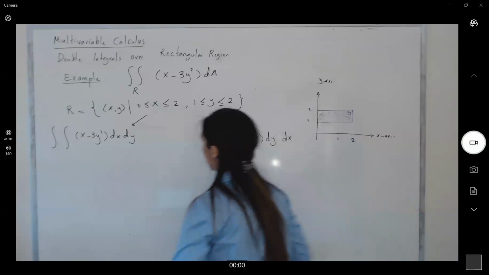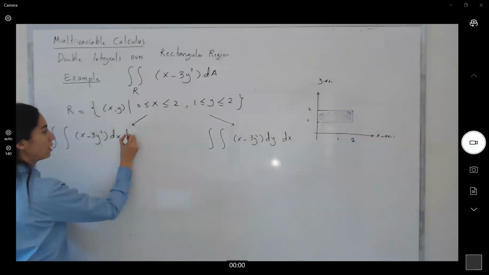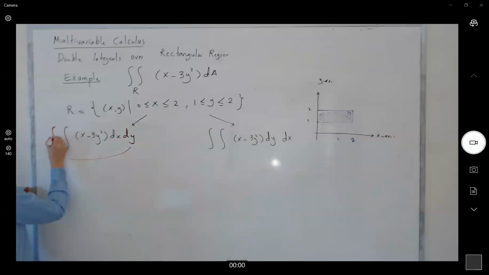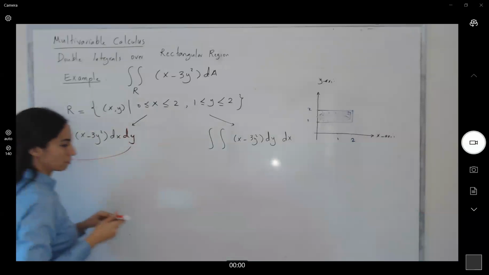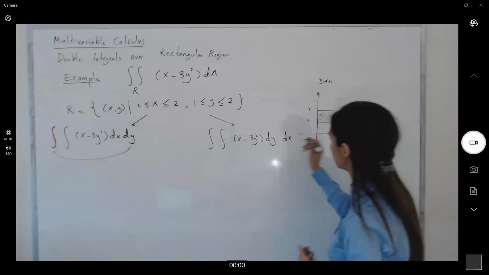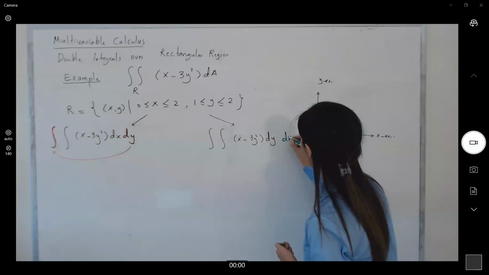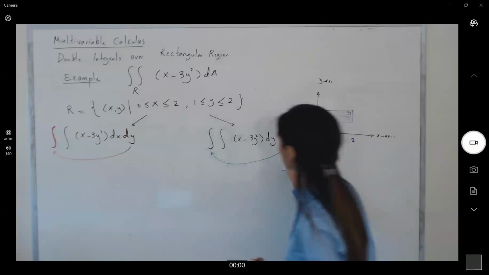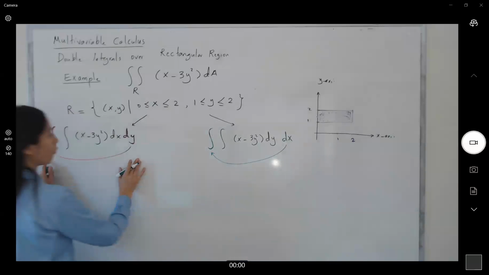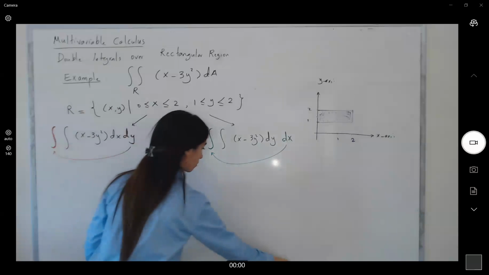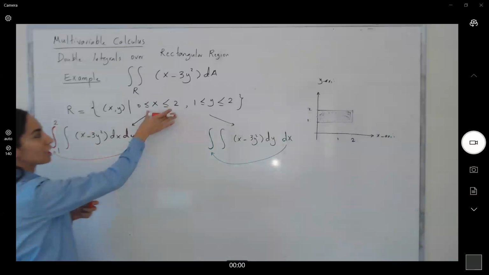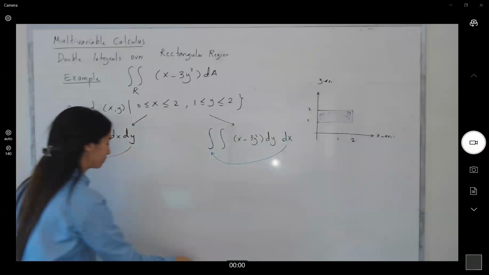So I'm going to use different colors. This is dy, which is related to the outer integral. And here you have dx, which is related to your outside integral. It means that for the outside integral we use the boundary for x, and for the inside integral we use the boundary for y. So y ranges between 1 and 2, and x is bounded between 0 to 2.